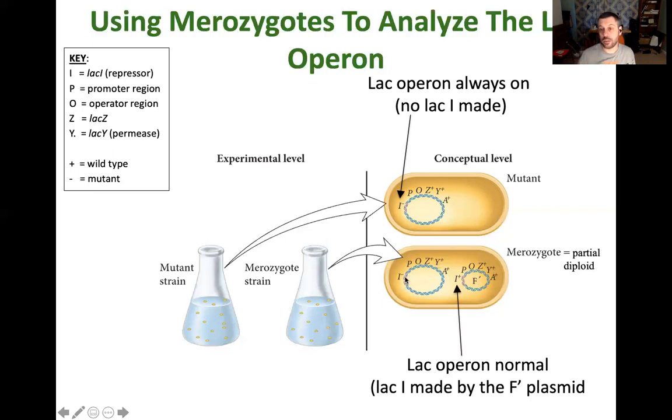Because now all of a sudden the cell can make repressor, and repressor made from this piece of DNA is just a protein that's going to diffuse in the cell. It's got to bind to this operator and also this one, because it doesn't care. It just binds to DNA. And so you could rescue repression by bringing in a wild type repressor plasmid.